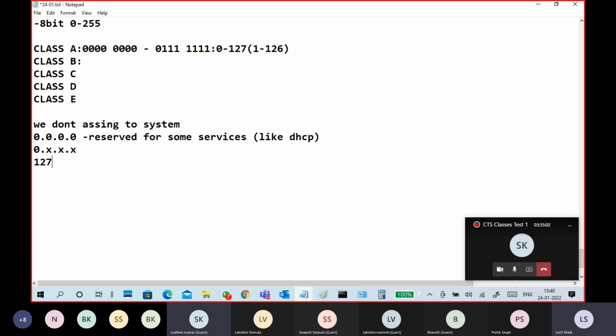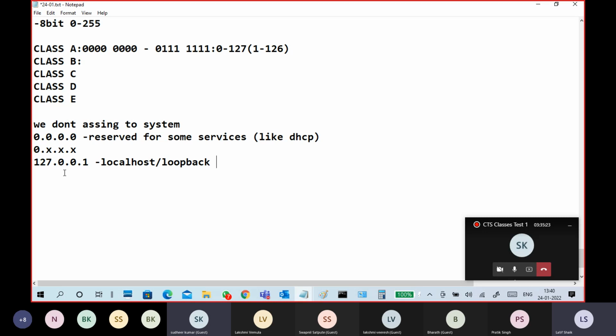Next is 127.0.0.1. Which IP address is it? It is the localhost or loopback IP address, used for testing or local access purposes only.